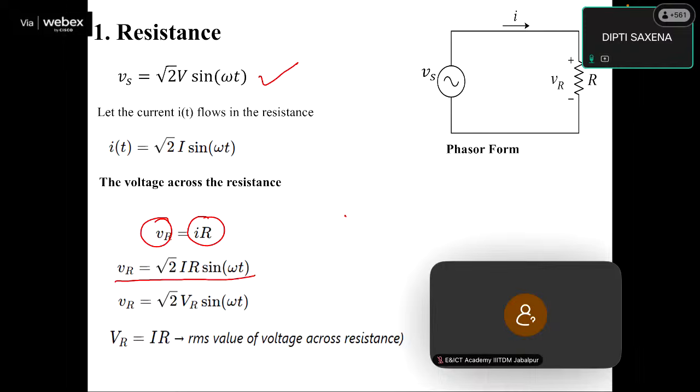Now this is the current through the resistance, this is the IR, and this is the final voltage across the resistance. This is VR. So these are in the instantaneous form.